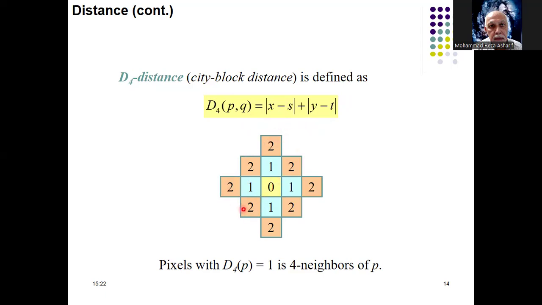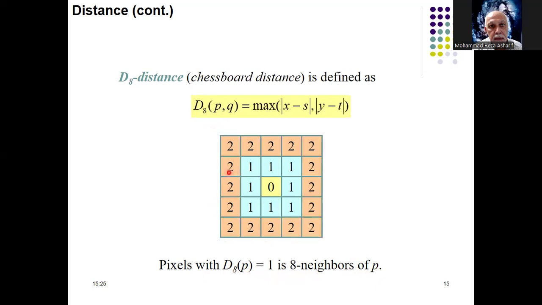So this is 2, and this is also 2, because the absolute values of this and this are 1 plus 1, so it is 2. One in vertical, one in horizontal, so it is 2. And here only vertical is 2, and so on. So the geometric place of distance 2 is this shape here, like a diamond, and with the distance of 1 is this small one. So we call it D4(P,Q). A pixel with D4(P,Q) equal to 1 is a 4-neighbor of P, of course.